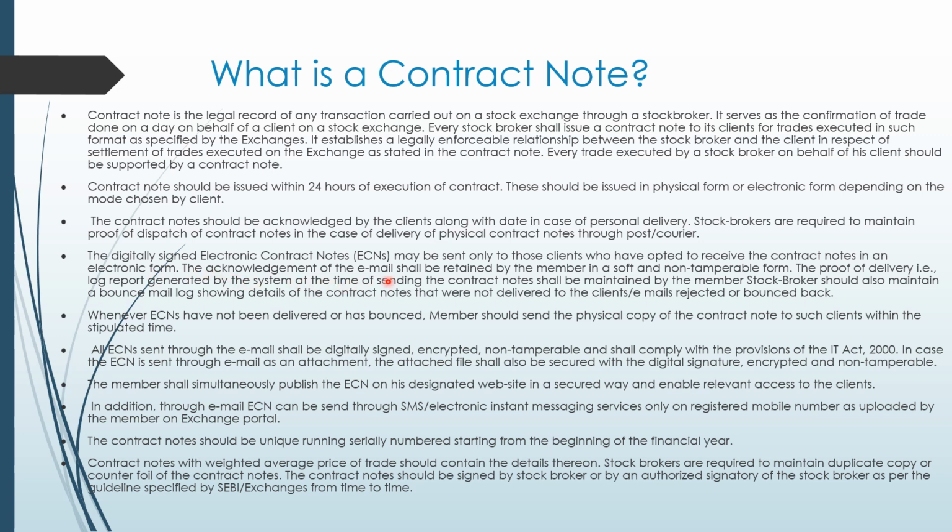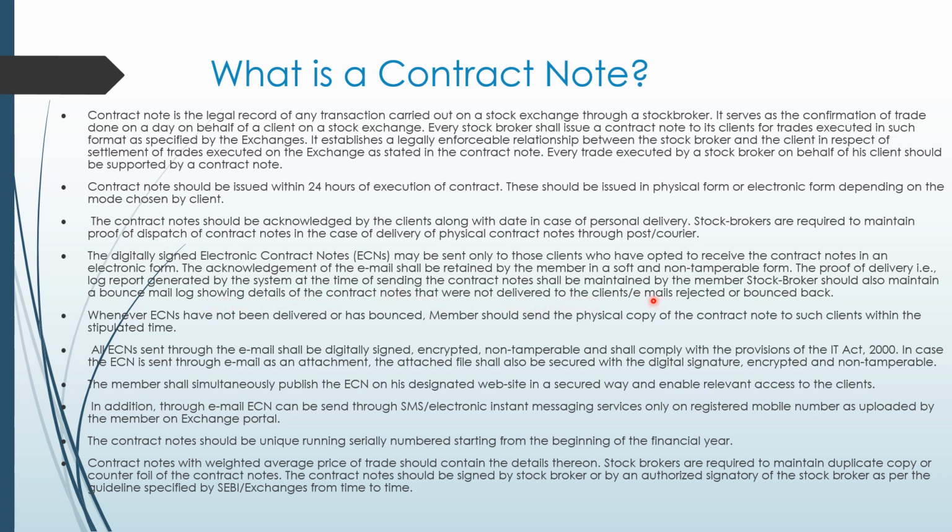The acknowledgement of the email shall be retained by the member in a soft and non-tamperable form. The proof of delivery, that is the log report generated by the system at the time of sending the contract notes, shall be maintained by the member stockbroker, and the stockbroker should also maintain a bounce mail log showing details of the contract notes that were not delivered.